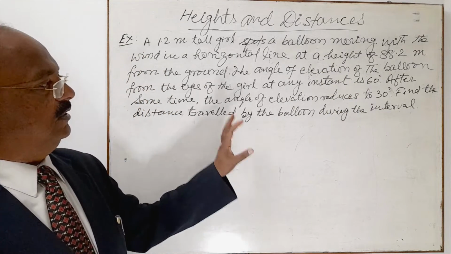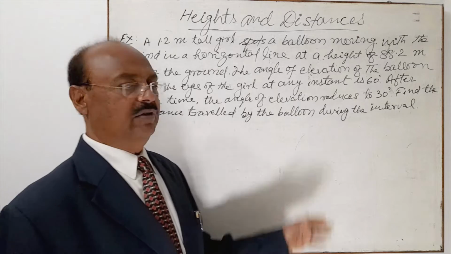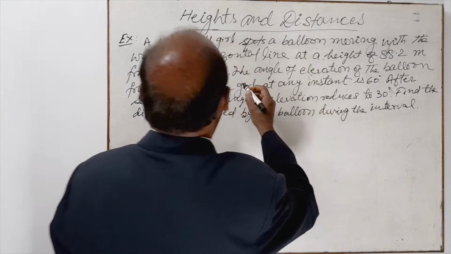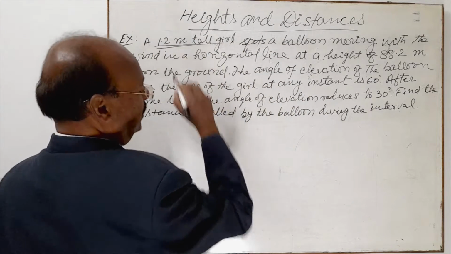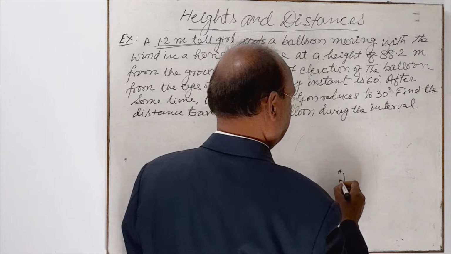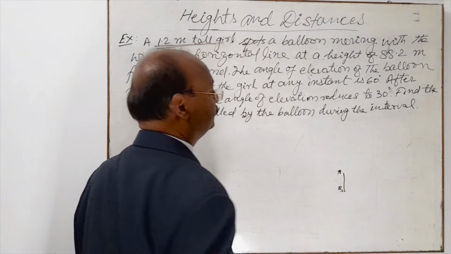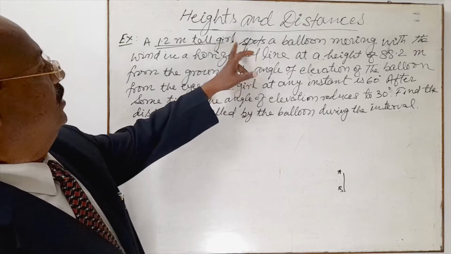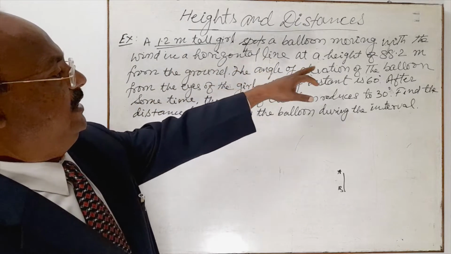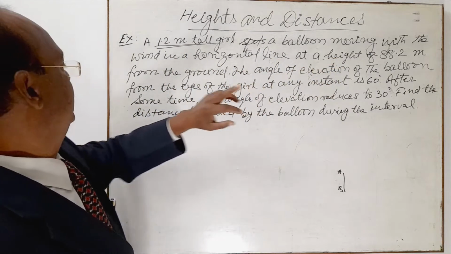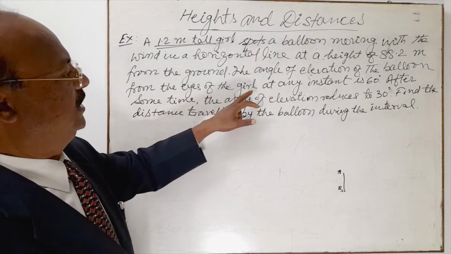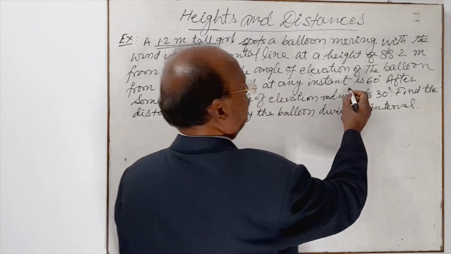So let us first of all sketch a diagram, then the question will be more clear. Suppose a 1.2 meter tall girl is standing here. Suppose AB is the girl, and this girl spots a balloon moving with the wind in a horizontal line at a height of 88.2 meter from the ground, and the angle of elevation of the balloon from the eyes of the girl at any instant is 60 degree.